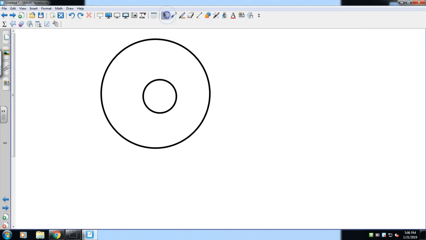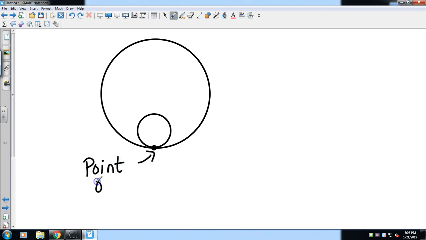However, if I took the second circle and I moved it here, then I would now have a point of tangency. Okay, a point of tangency.